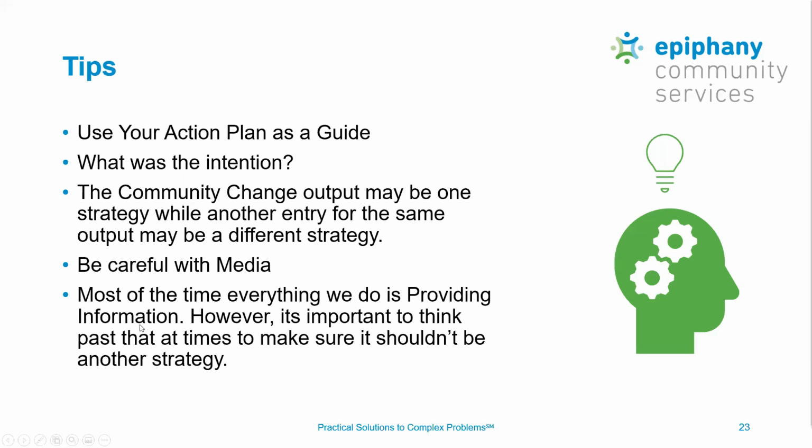And then our last tip is, most of the time, everything we do is providing information. I have said this so many times today, but that is totally true. However, it's always important to think past that at times and make sure we shouldn't be tracking it as another strategy, because it's really easy to fall into the providing information lull, where we just put everything under providing information because we know it's easy, we know it goes there, it makes sense.